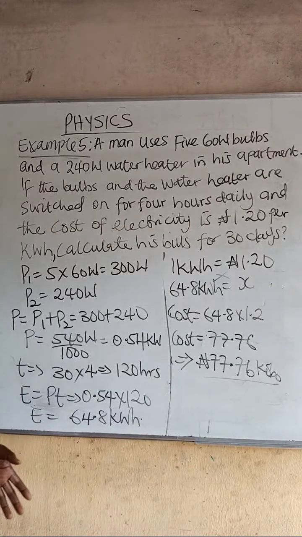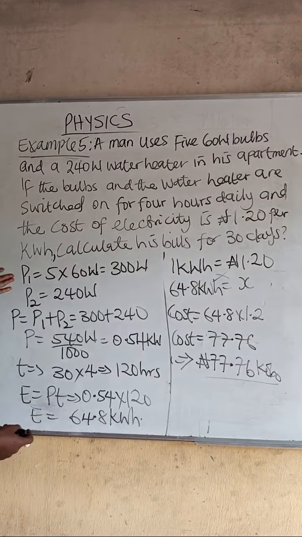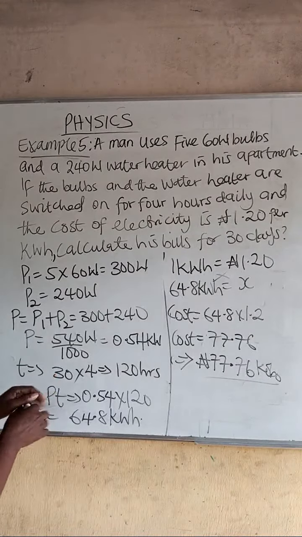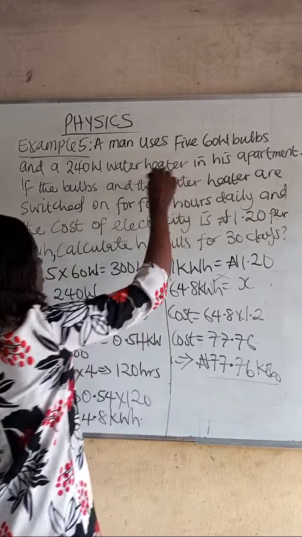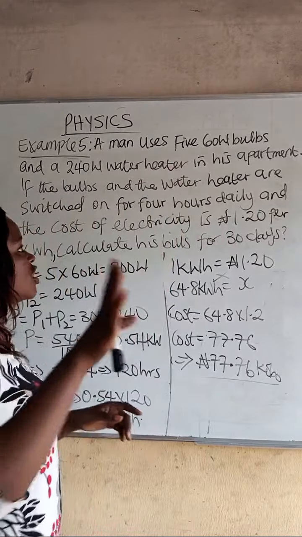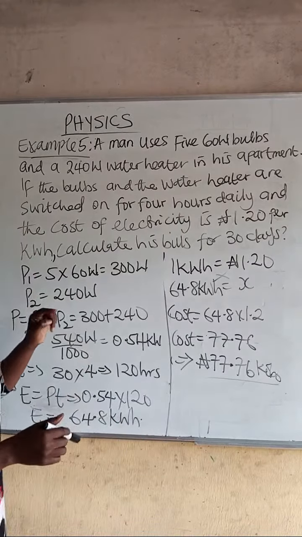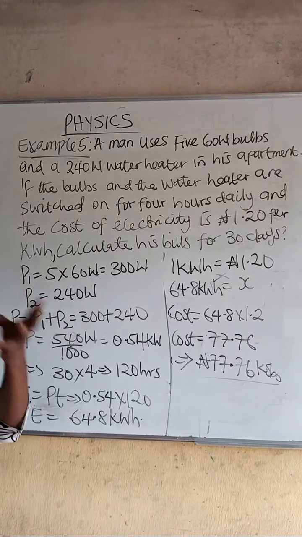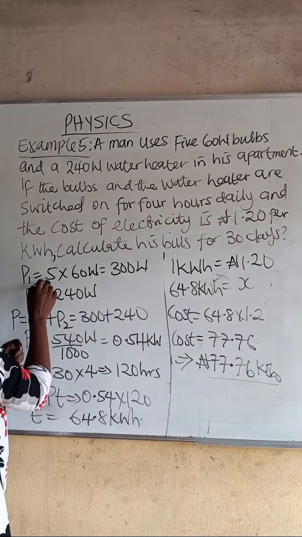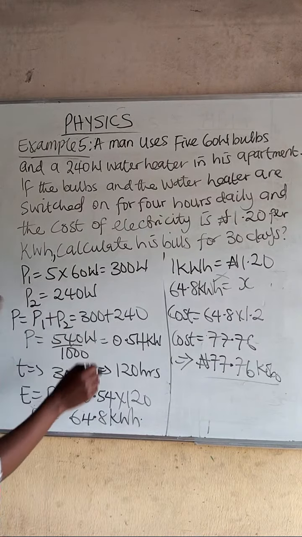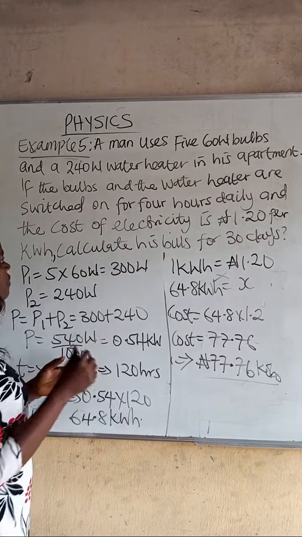All right, so what we need to do here is to get our total power. He's using 5 different lamps and each of them is rated 60 watts. So to know the total watts consumed, I'm going to say 5 times 60 watts to give me 300 watts. Okay?